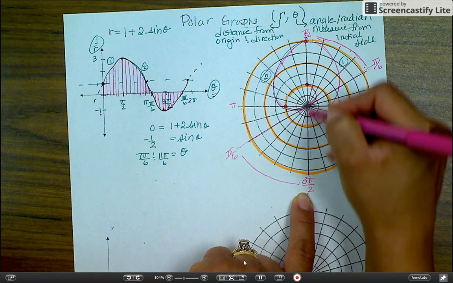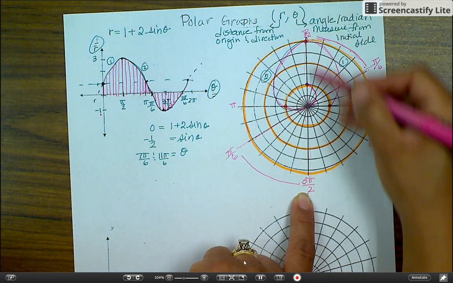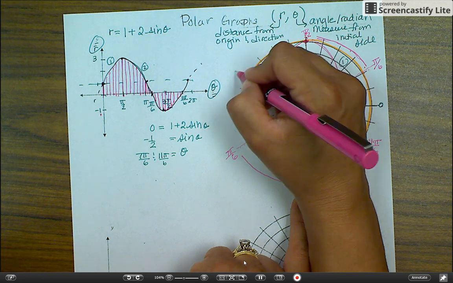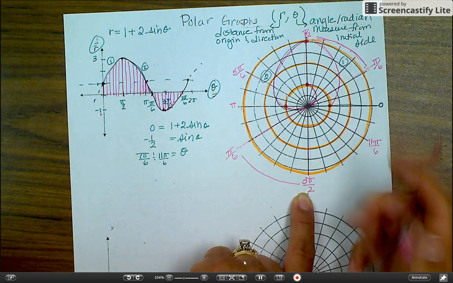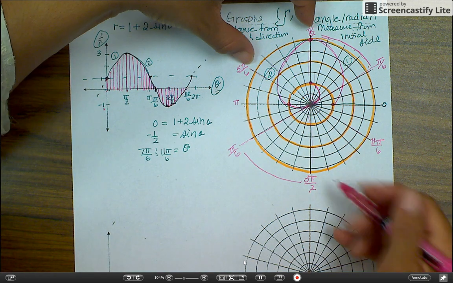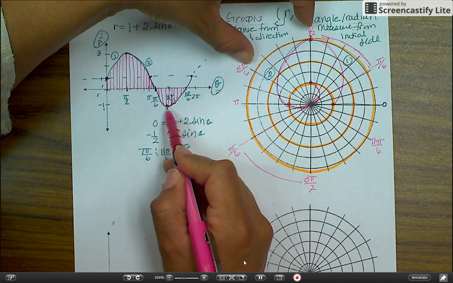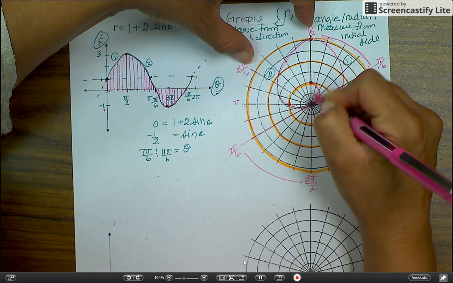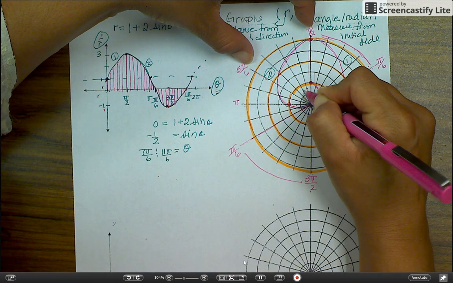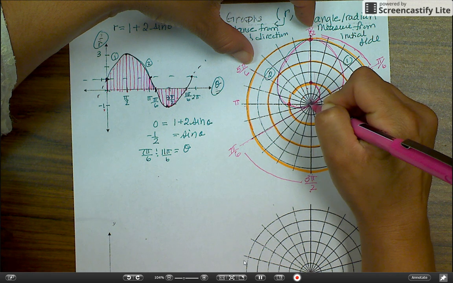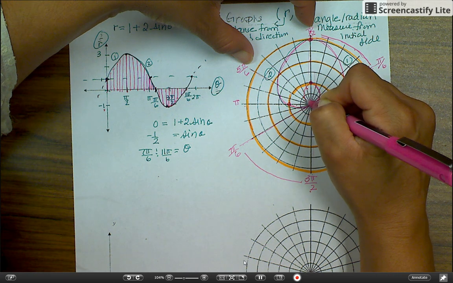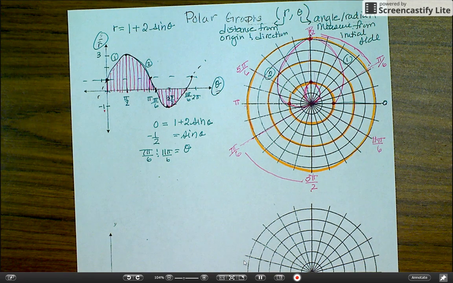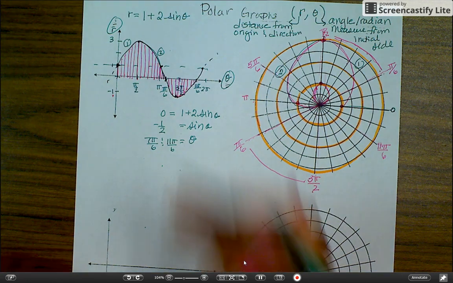So opposite of 3 pi over 2 is pi over 2, and opposite of 11 pi over 6 is 5 pi over 6. So we're going to be plotting in this area. And so now all my lengths start at 1 and they decrease down to 0, like so. I'm going to call this 3.